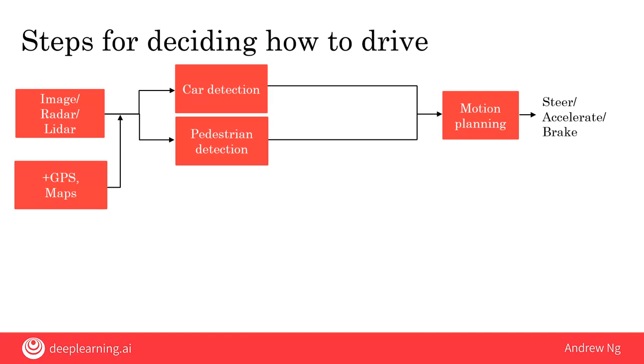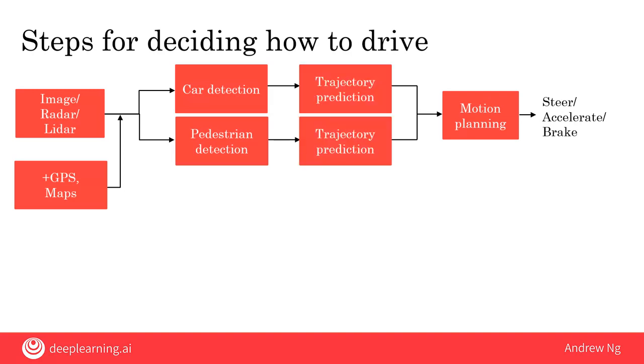Rather than just detecting cars and pedestrians, in order to drive safely, you also need to know where these cars and pedestrians are going in the future. So another common component of self-driving cars is trajectory prediction, where there's another AI component that tells you not just the cars and pedestrians you found, but also where they're likely to go in the next few seconds so you can avoid them even as they're moving. To drive safely requires more than just navigating other cars and pedestrians.